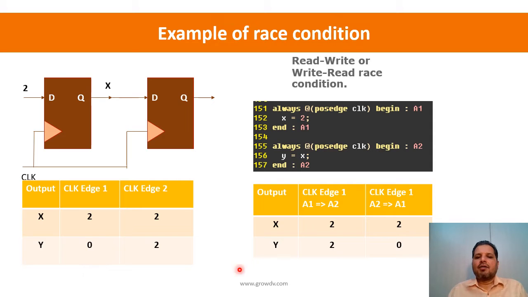Even if I forget the specification for a moment, depending on the order of execution of these two always blocks, the output result I am going to see can be different, and this indeterminism is nothing but the race condition. So this is the problem of race.